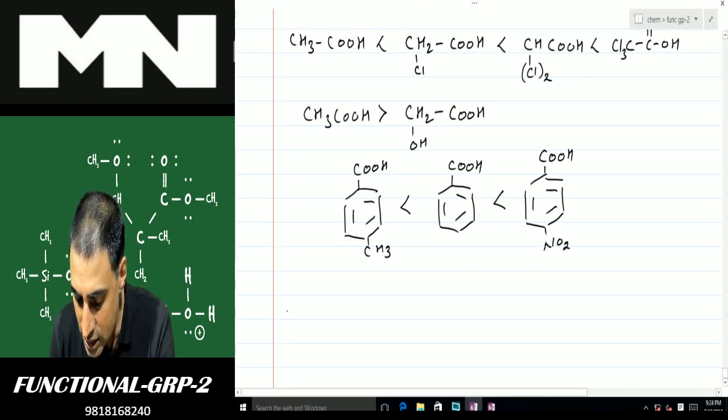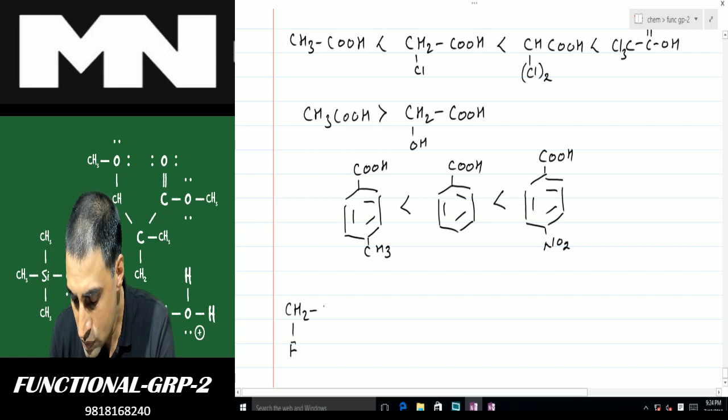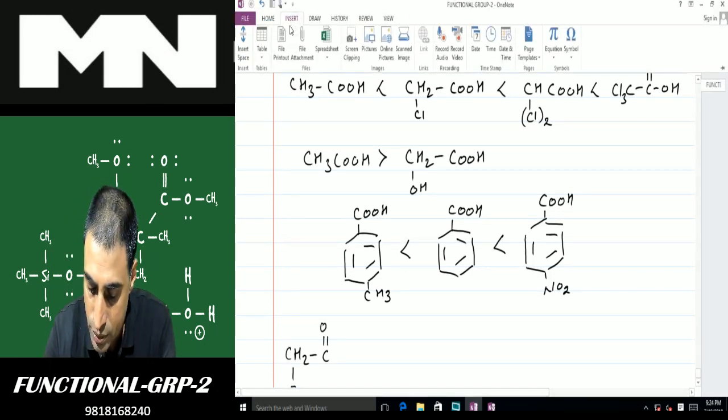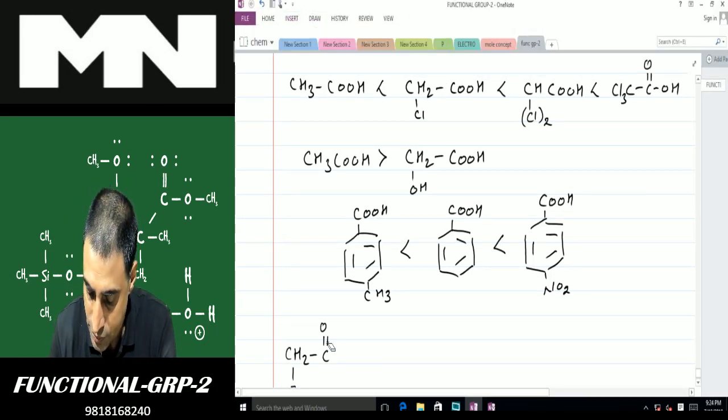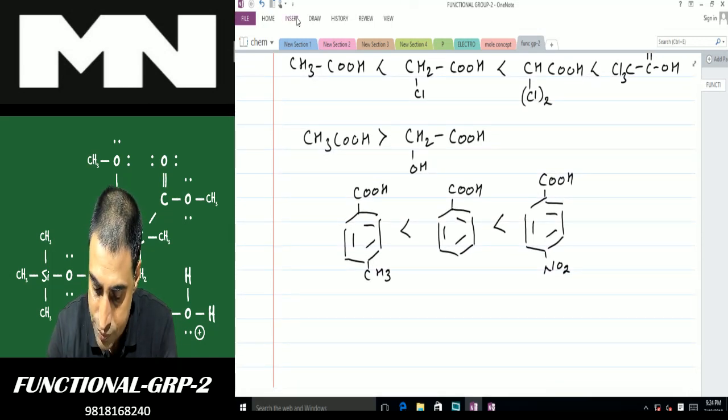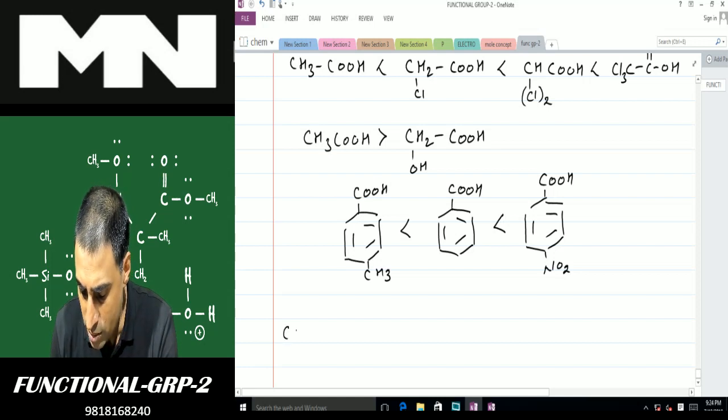Suppose I have got a compound like CH2F, CH2FCO, or I'll change this example to explain it better. Will not take this example. Suppose I'm talking about a compound like this, butanoic acid.